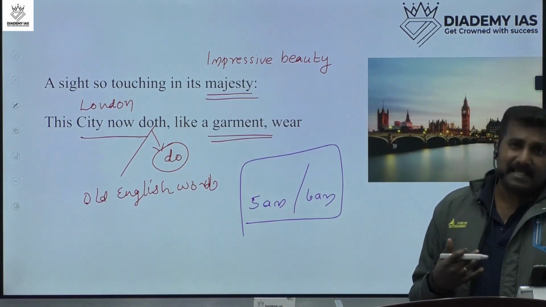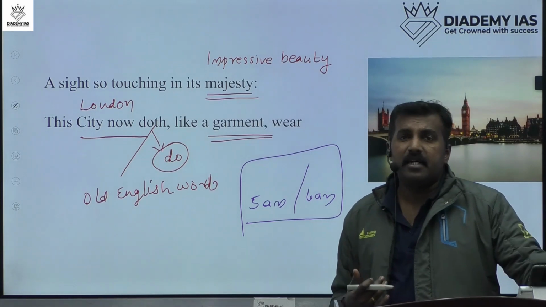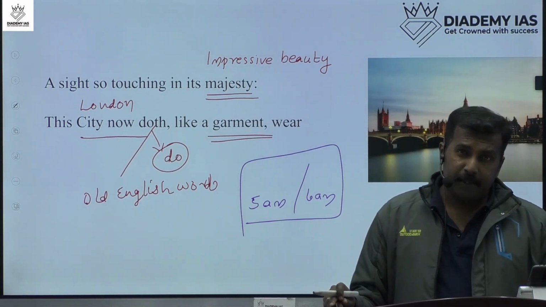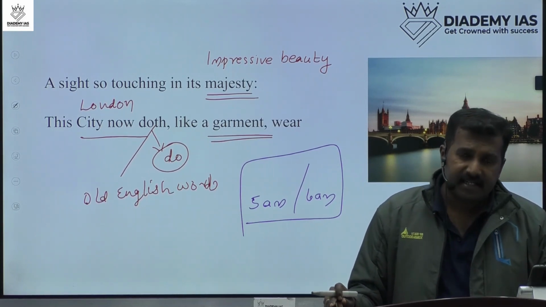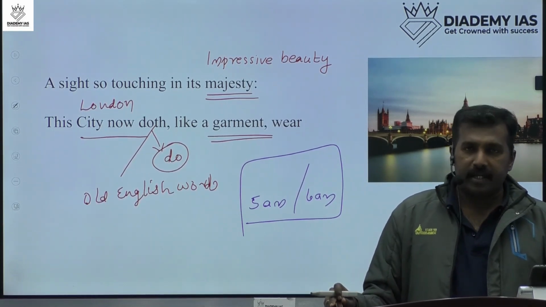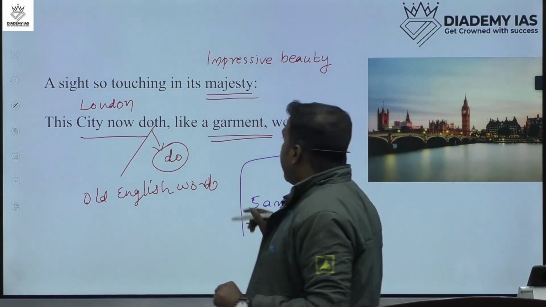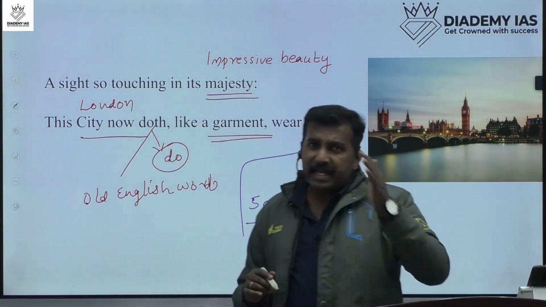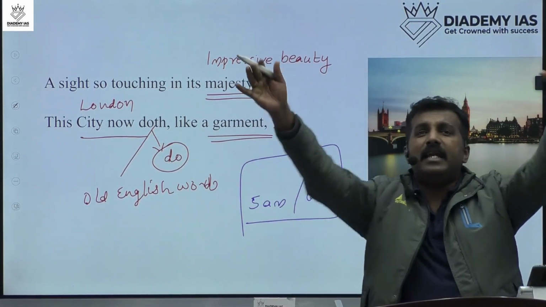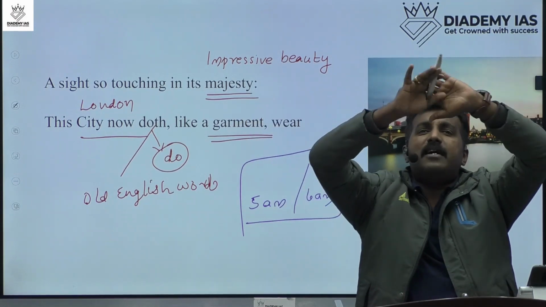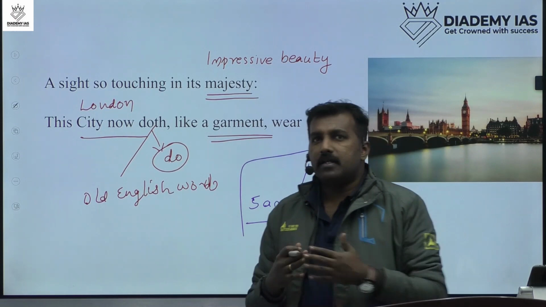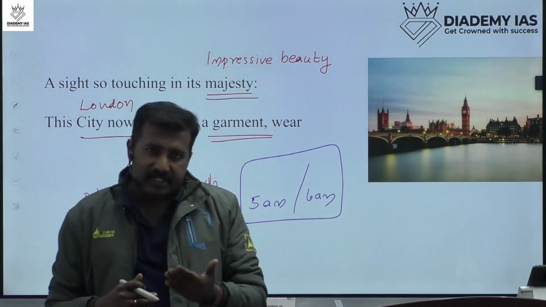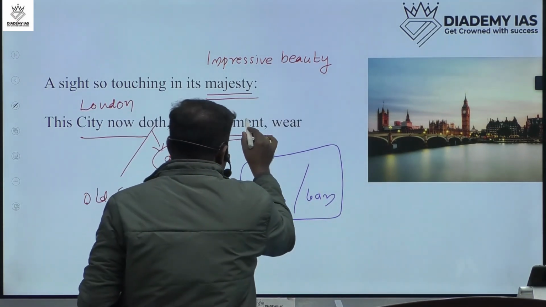And this beauty is majestic. The word used by Wordsworth is majestic. What is majestic? Extreme beauty. Okay? And the poet says that in this early morning time, the city, London, is covered with a garment or a cloth. So it's an imagination, a highly imaginative line.